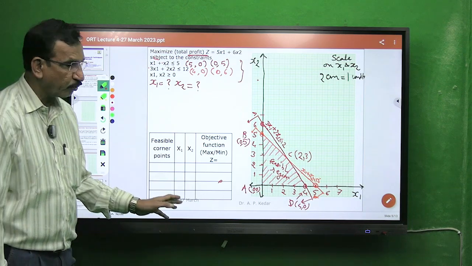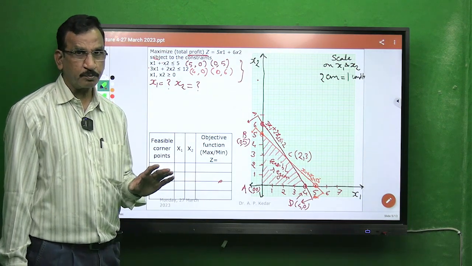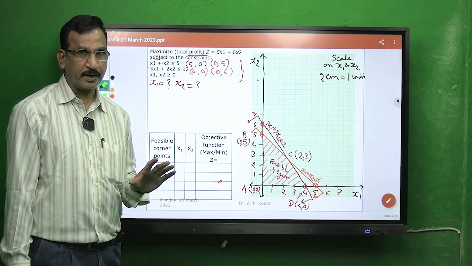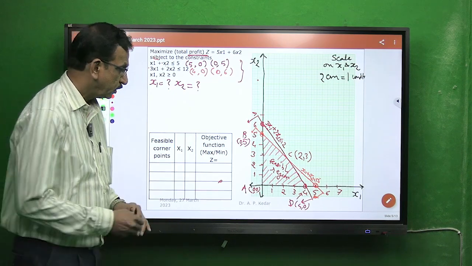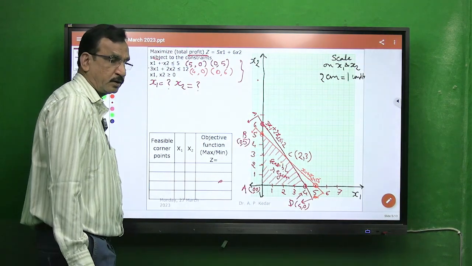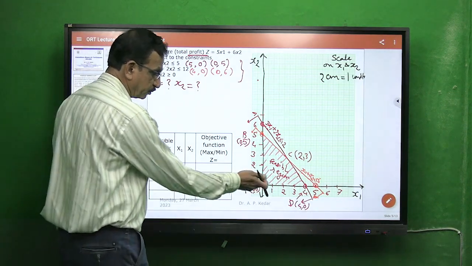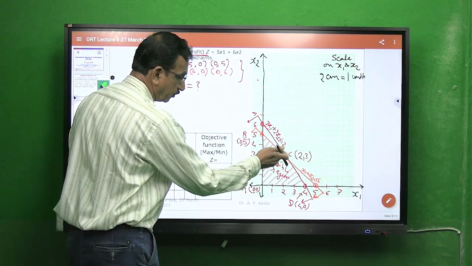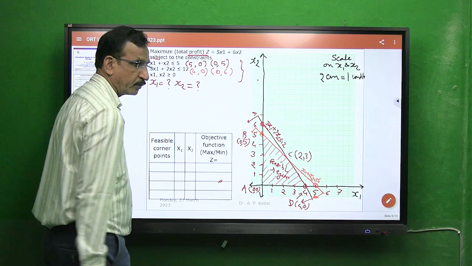My answer point can be any point for x1 and x2 in this region ABCD.